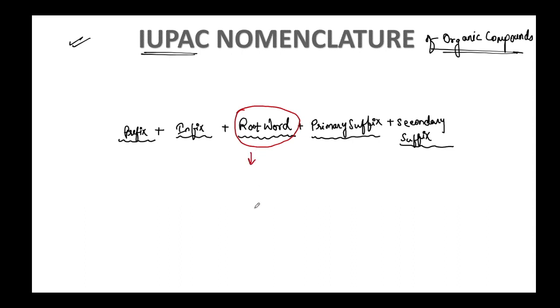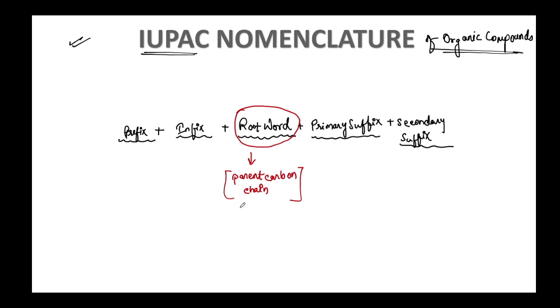This forms the basis of your nomenclature. It gives you the length of the carbon chain. It is compulsory to be written, and this gives you the parent carbon chain. How are we going to select the parent carbon chain? That we will discuss very soon, but this is going to give you the idea about the parent carbon chain.